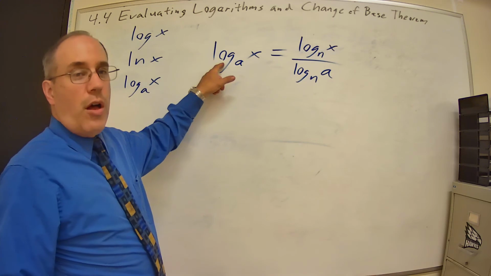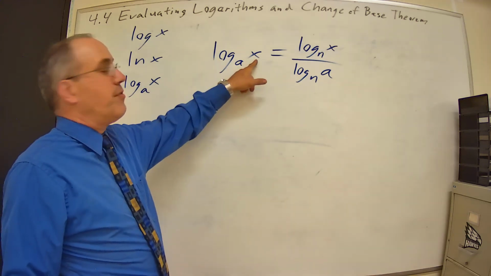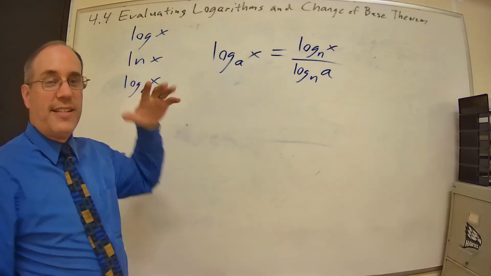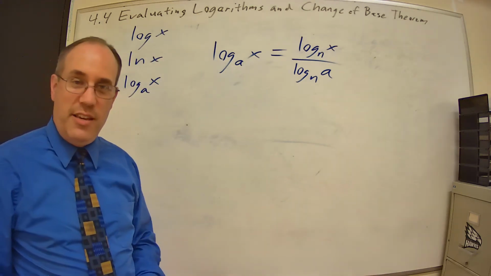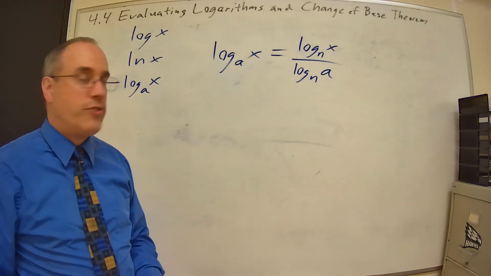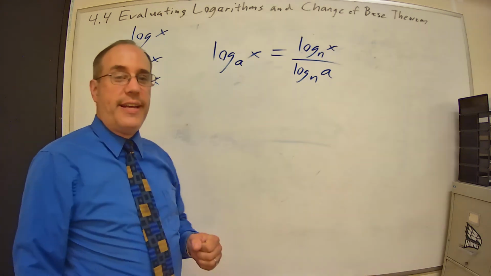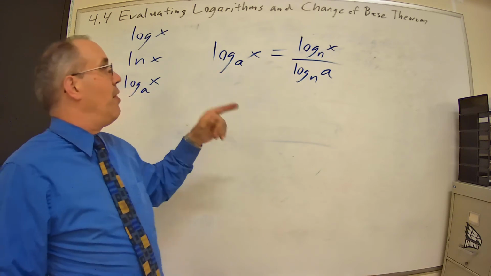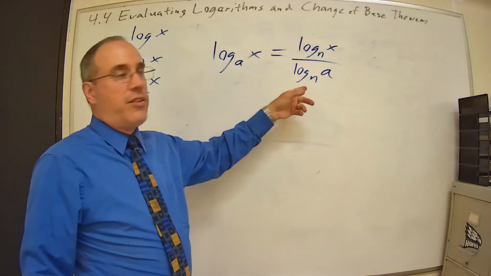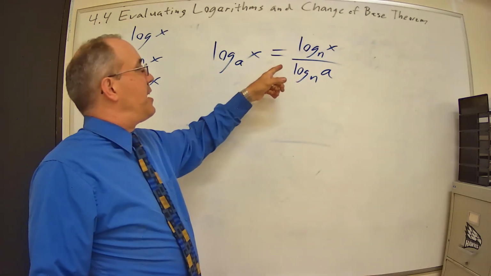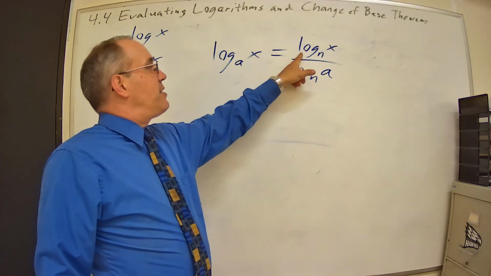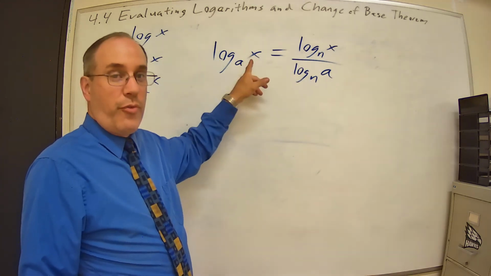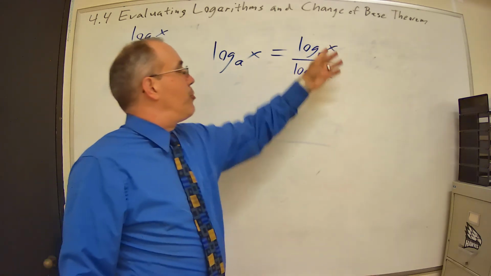So if you have log of something with some base, and that base is not something that you can easily get, it's not base 10, it's not base e, so it's not a common log or a natural log, and you want to find the log of it, then the change of base theorem says you can take the a and the x, the base and whatever we're taking the log of, and put them here.